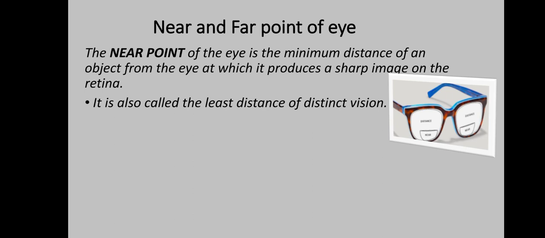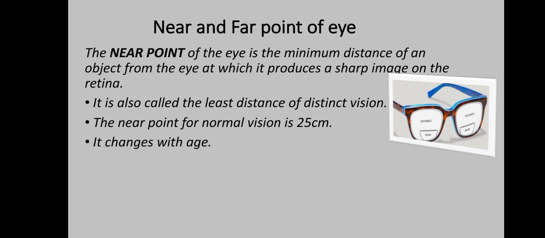If the distance is reduced from this near point, the object comes closer to the eye and becomes blurred. It cannot be clearly seen by the normal eye. The near point for normal vision is 25 centimeter. If you take any object closer to your eye than 25 centimeter, you cannot see it clearly. That is the near point of the eye.